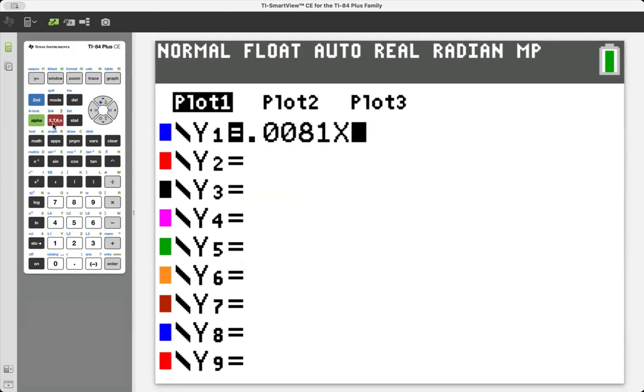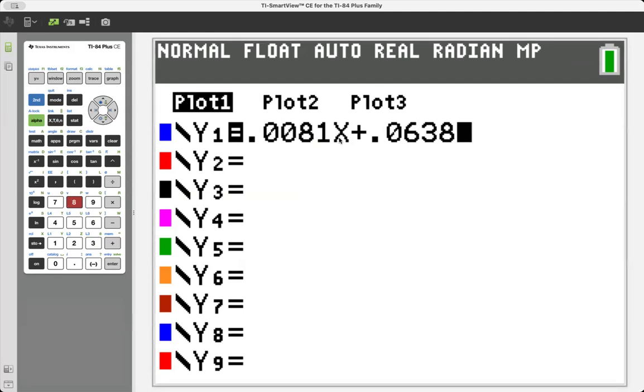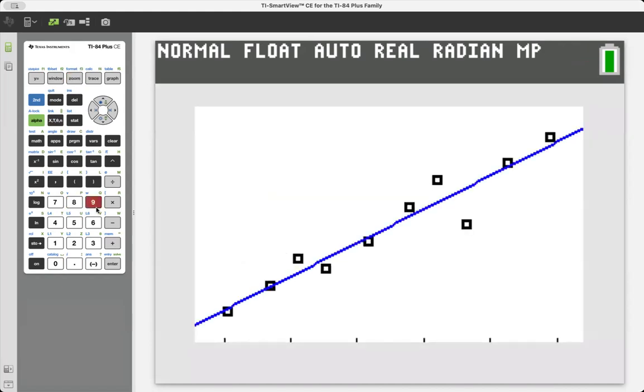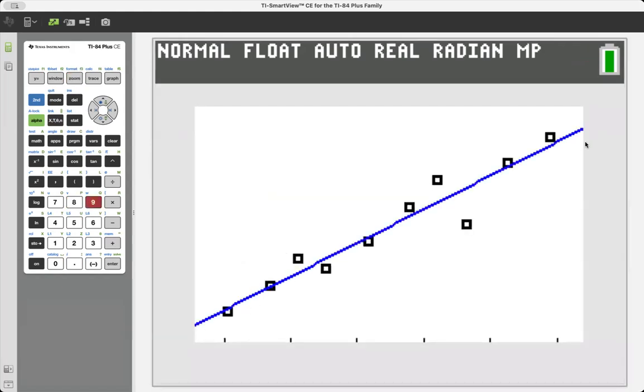In y equals, I'm going to put the equation that we just established, 0.0081x plus 0.0638. Okay, ax plus b. And now I'm going to press zoom stat, and no, that's number 9. And now I've got my points and this regression equation graphed between them.